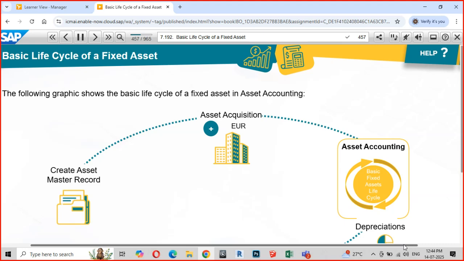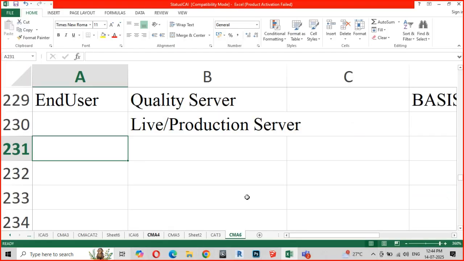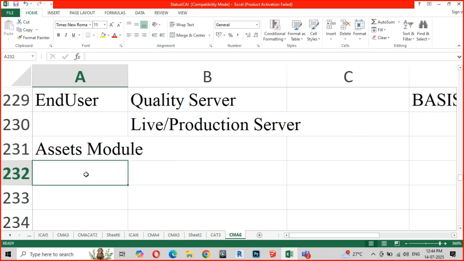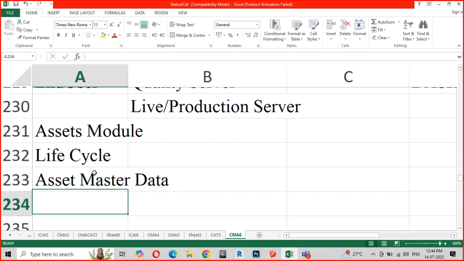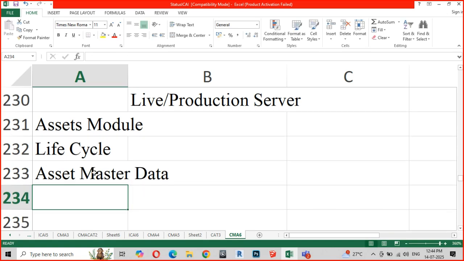Clear? So how does SAP look at an asset account? You create the asset master data.